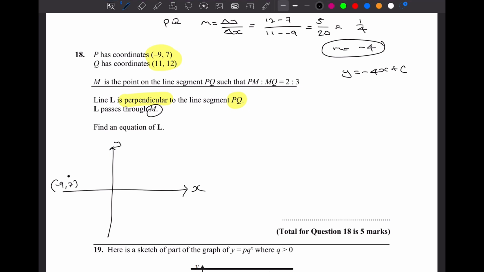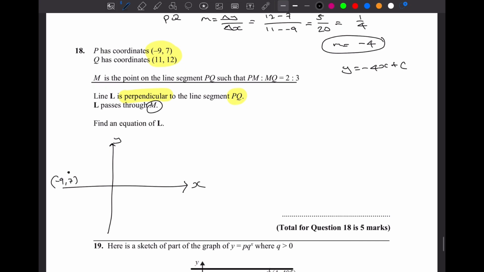Q is 11 comma 12, let's call it here. That's Q. And M is somewhere in the middle, so let's just call it there.